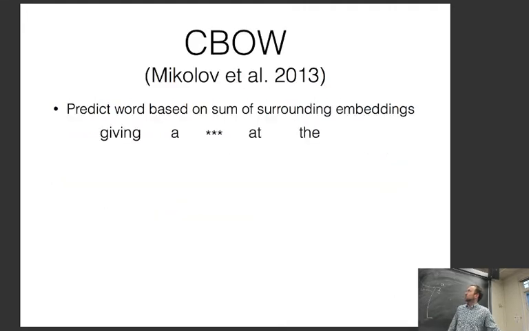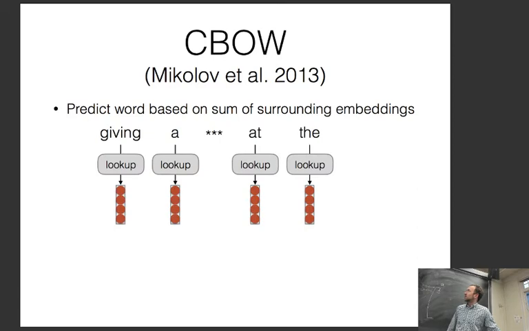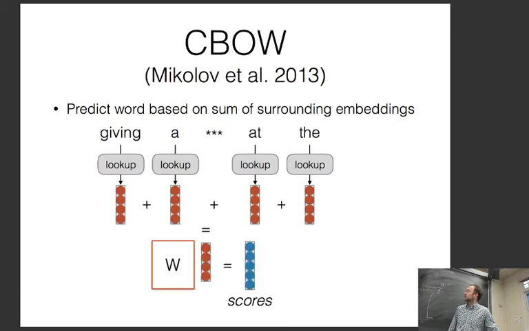So in the CBOW model, basically, we look up the context. We add all the context together into this. And we calculate some sort of score for all of the words and take a softmax to get the probability. And this is basically our model. So this vector here is the context embedding.